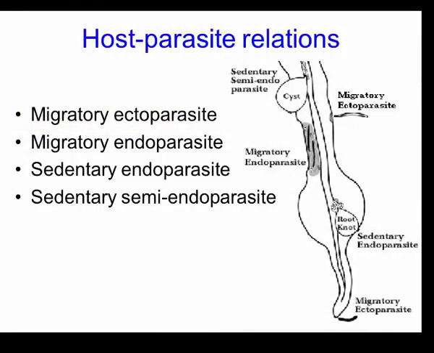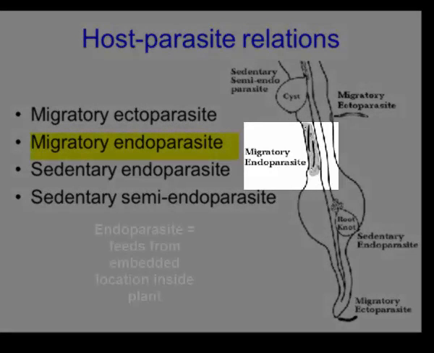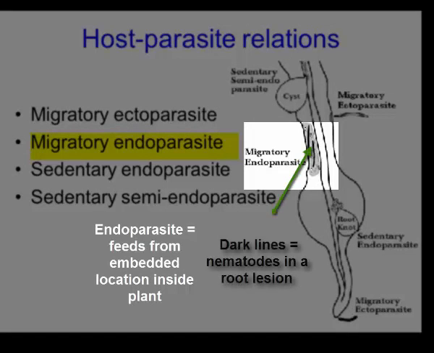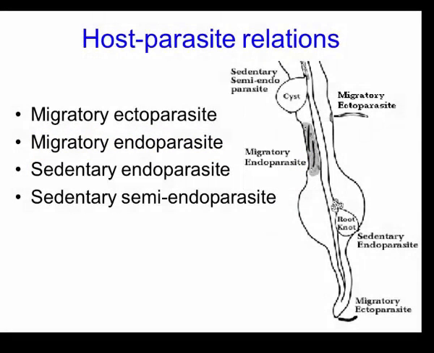So an ectoparasite feeds at the root, causing minor to somewhat more significant damage depending on the genus. Then we have the migratory endoparasites, kind of shown here in this area where the dark lines represent nematodes within a root lesion. So they actually are completely embedded within the root tissue, or it could be the tuber, bulb, etc. Then we have the sedentary forms.